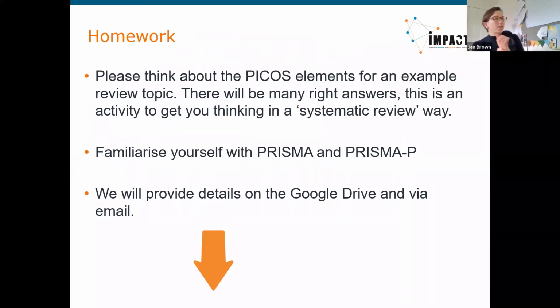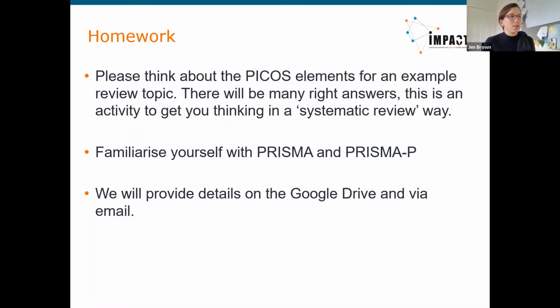So your homework for next time is building on what we've just talked about in terms of PICOS, and we will be asking you to think about the PICOS elements for an example review topic. That will all be emailed to you and will be available on the Google Drive again. And there will be many right answers because, as you will have hopefully picked out of the session today, none of this is necessarily that straightforward and it is ambiguous.